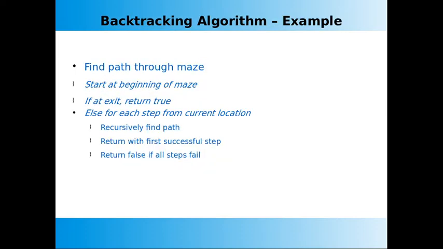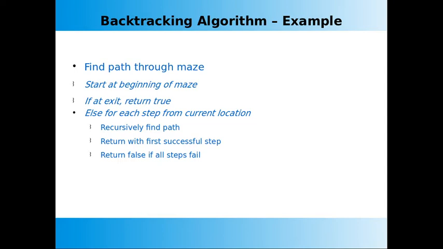An example for a backtracking algorithm is the path through a maze. We have a maze with a starting point and an ending point, and we have to travel to the ending point through different paths, and find the shortest path to reach there. That is our constraint.